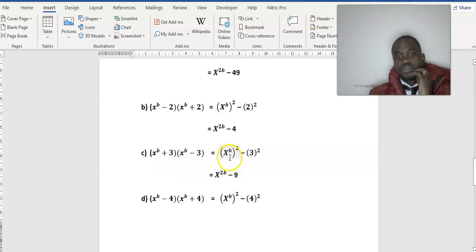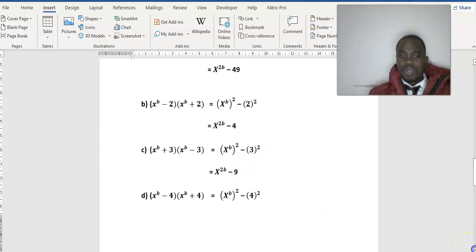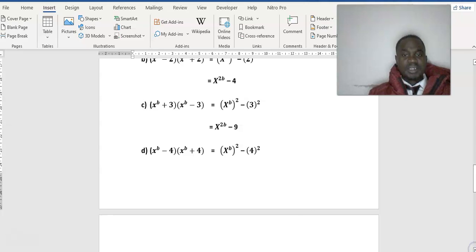So what are we going to do? x to the power b all squared minus 3 to the power 2. And what is it going to give us? x^2b minus 3 squared is what? 9.